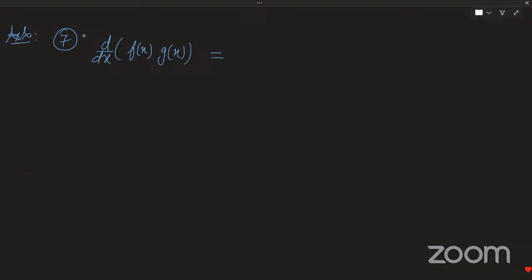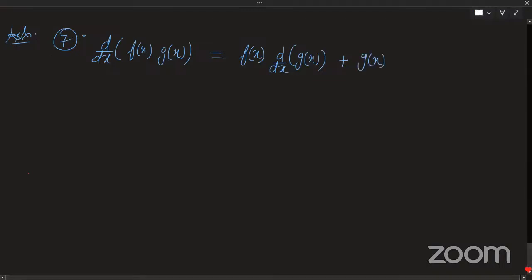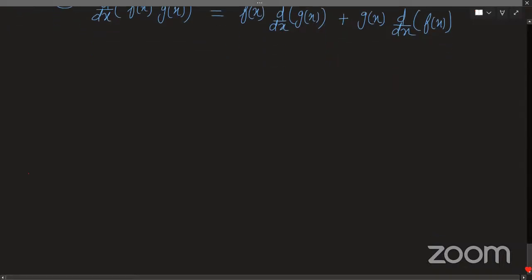We keep the first function intact, take the derivative of the second function, plus, keep the second function intact and take the derivative of the first function. Really simple. You just take the derivative of one function at a time. First function into derivative of second plus second function into derivative of first. Fine. So let us discuss.